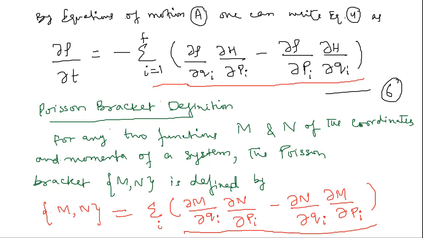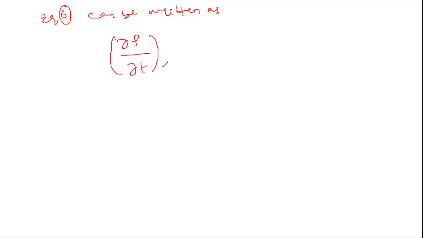So let me write that. Using this definition of Poisson bracket, equation 6 can be written as dou rho by dou t, and we sometimes write it this way with q comma p in the subscript, equals minus times the Poisson bracket of rho and h.